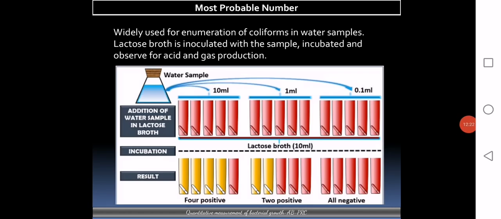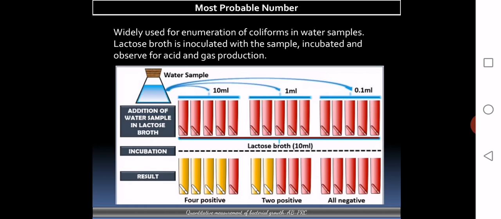Determination of the most probable number is also listed as an indirect method for getting the number of bacteria present in a sample. Usually this is used for the enumeration of coliform bacteria present in water samples. The medium we use is usually lactose broth, inoculated with the sample and incubated for usually 24 hours, and observed for acid and gas production.